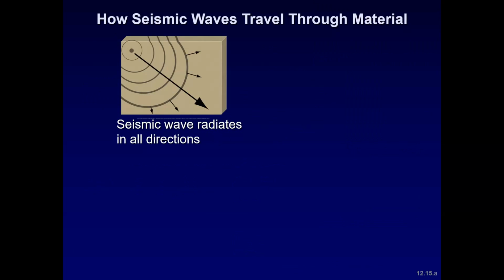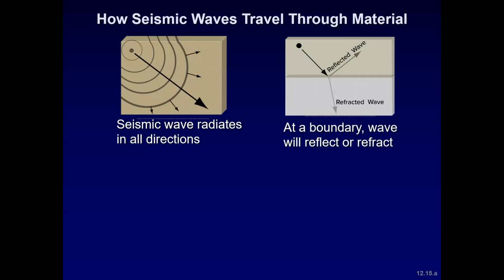All right, so this is more on how seismic waves travel through material. With energy transfer through Earth materials, seismic waves radiate in all directions. When they hit a boundary of, say, different material, a wave is going to either reflect or refract. A wave is going to refract downwards in slower material.